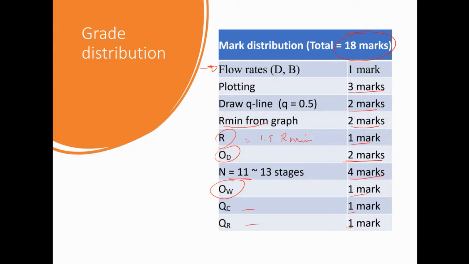But if you don't know the idea, then it's going to take ages. Some students just ignore this fact and they draw the H feed exactly on the saturated liquid line, and that was a fatal mistake, to be honest, because everything else will be completely wrong. The counting of the number of stages will be affected, and also OW will be affected if you change the location of the H feed in the diagram.